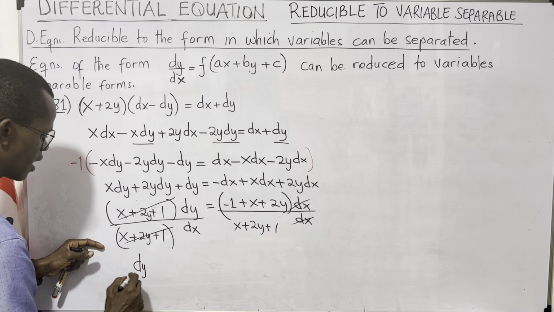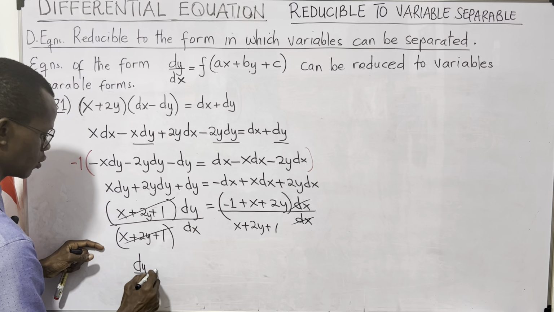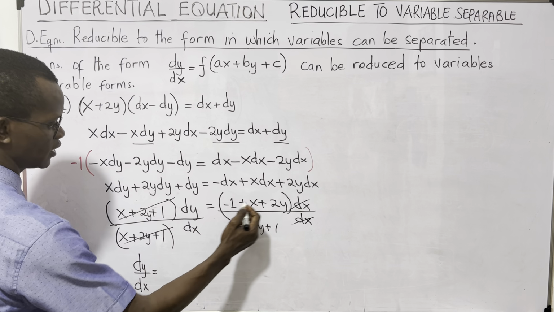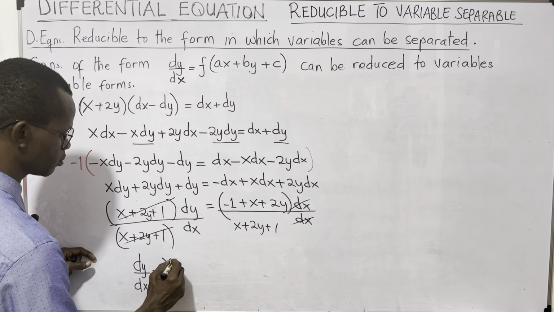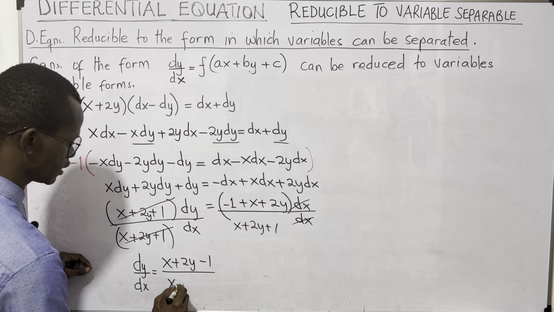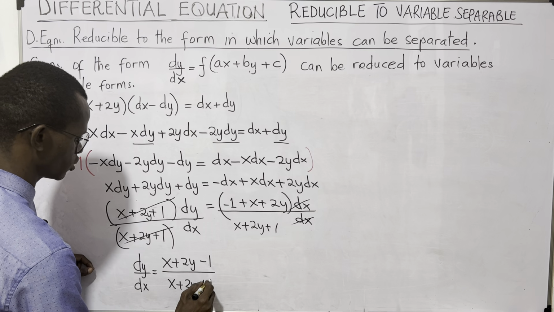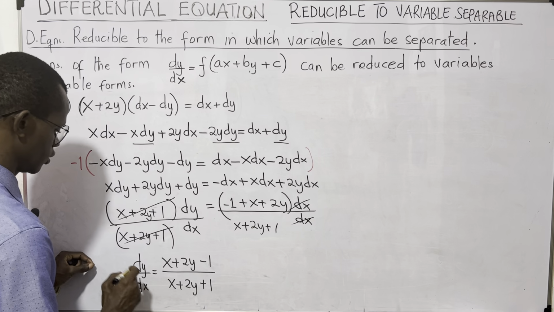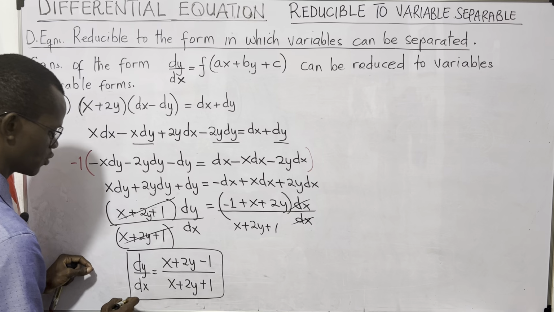So now we have dy by dx is equal to x plus 2y minus 1 all over x plus 2y plus 1. So this is the new differential equation.